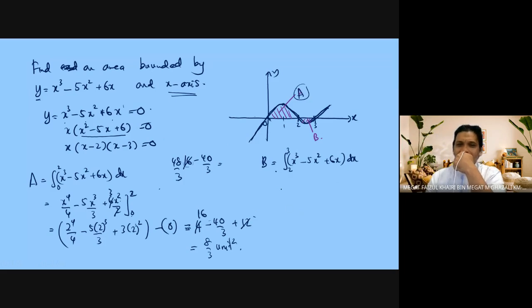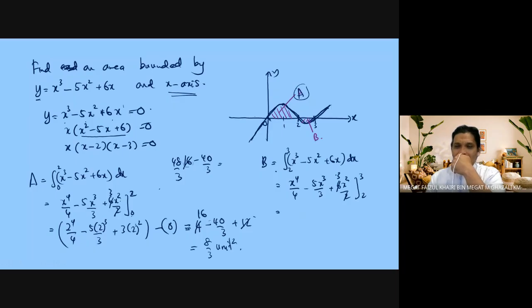So now, x to the power 4 divided by 4 minus 5x cubed divided by 3 plus 6x squared over 2, from 2 until 3, and 6 divided by 2 equals 3 here.